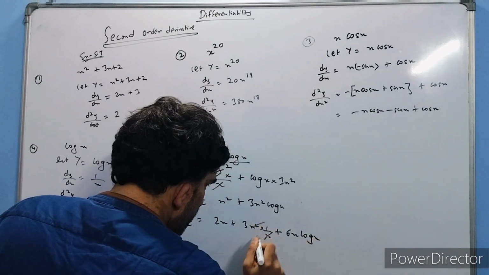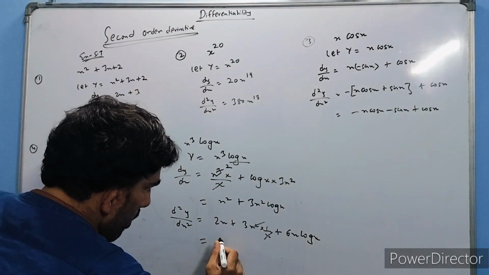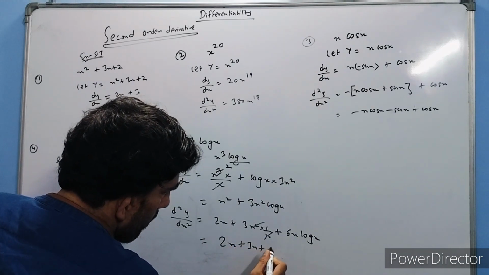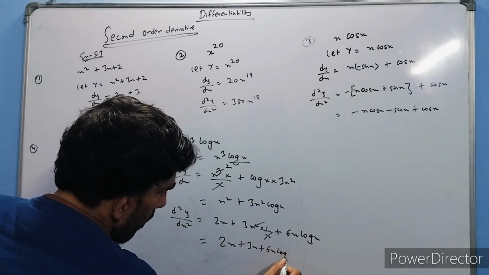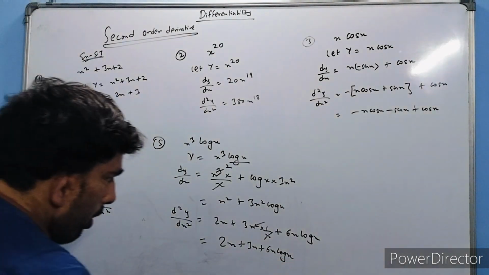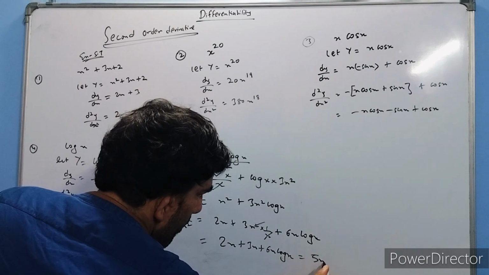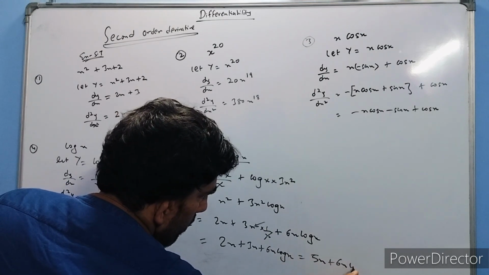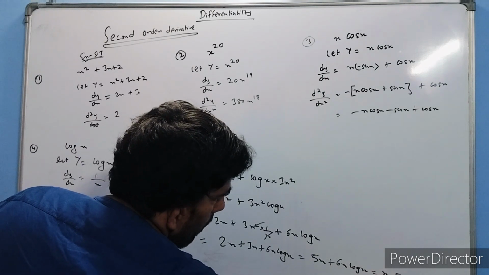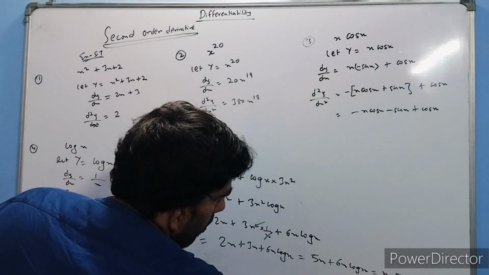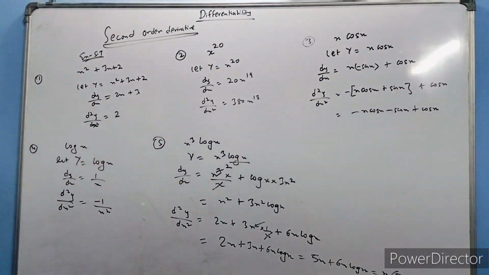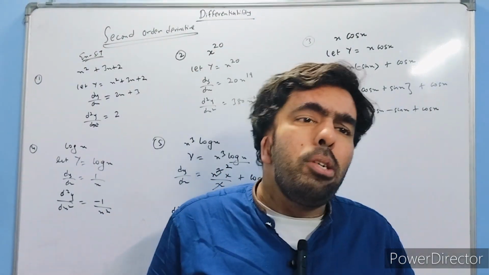So I got 2x plus 3x plus 6x log x, which is 5x plus 6x log x, or I can take x common, so I got x into 5 plus 6 log x. Likewise, we differentiate a function twice.